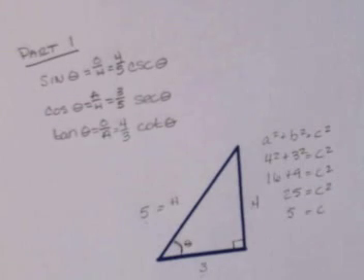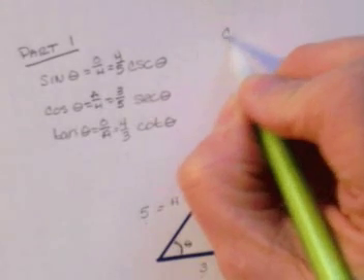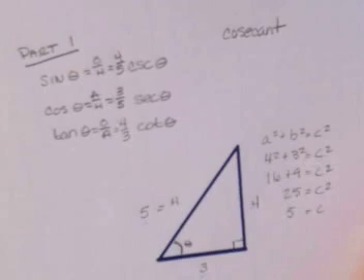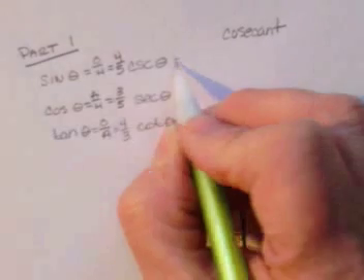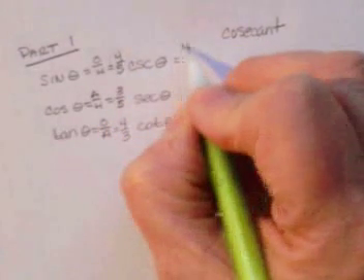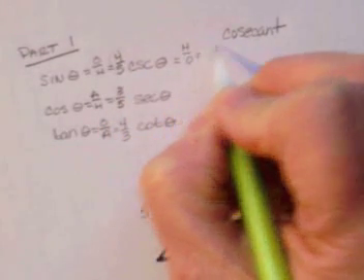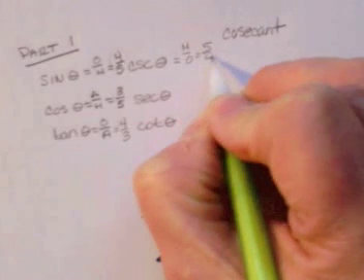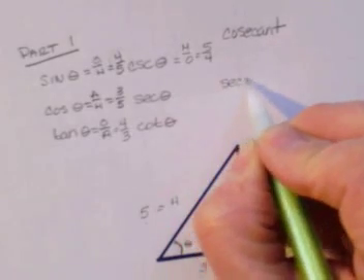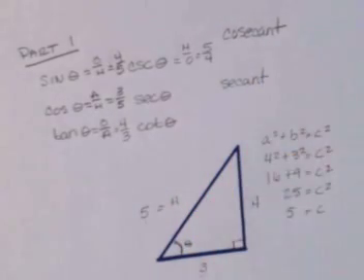Now, some of you may have heard of cosecant. Cosecant is the reciprocal of sine, so we're simply going to take our sine and have hypotenuse over opposite, or 5/4. Some of you may or may not have heard of secant. That's what the word looks like spelled out.